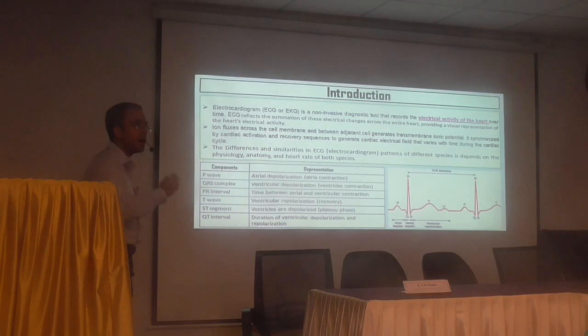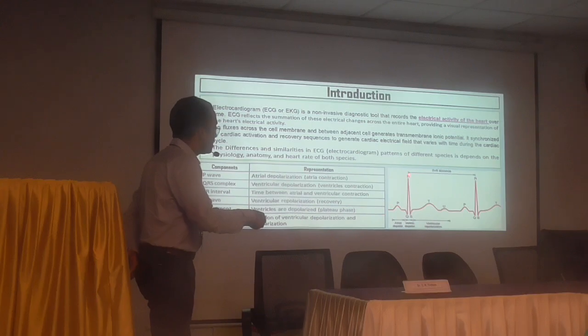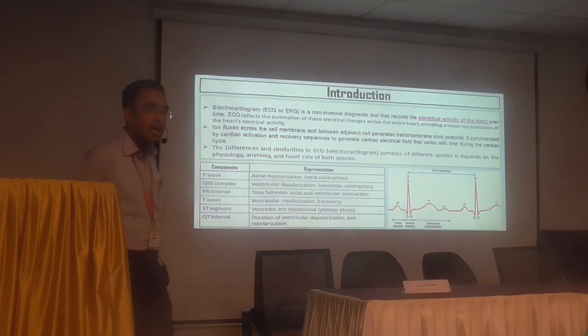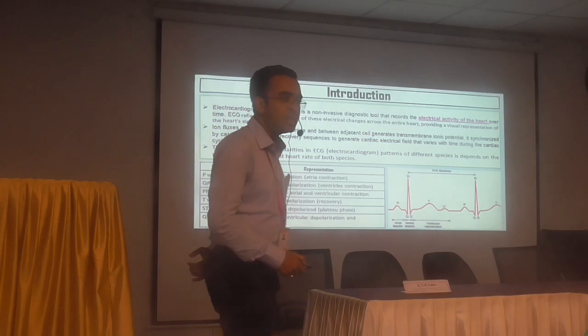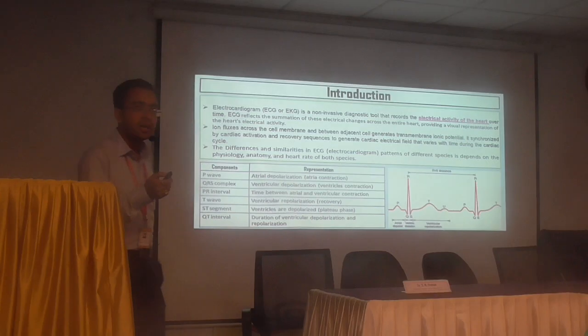PR interval, RR interval. Okay. What is the PR interval? PR interval is the timing between the P wave and the peak R wave. It is the time between atrial and ventricular contraction, meaning atrial depolarization and ventricular depolarization, right? Understood? Okay.